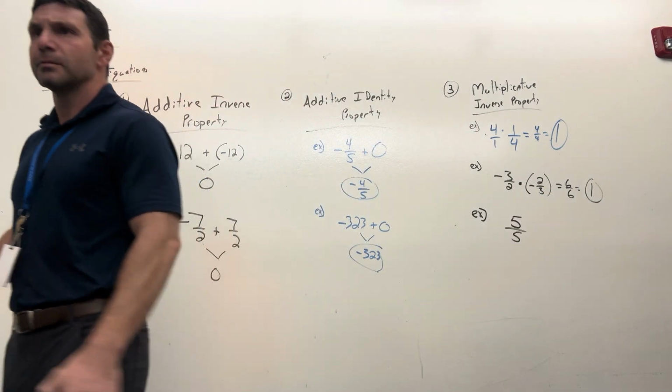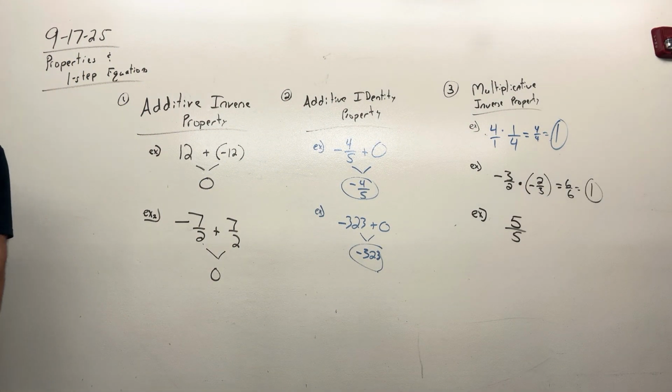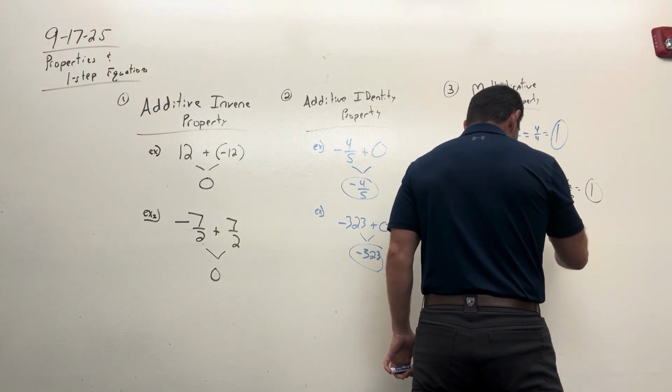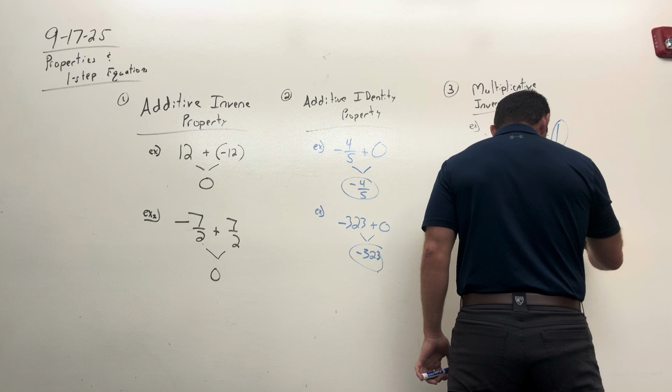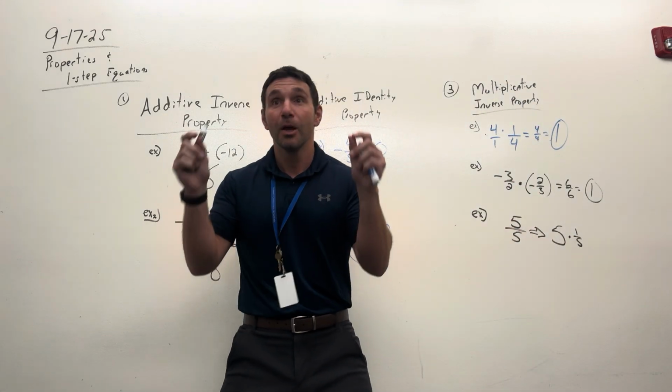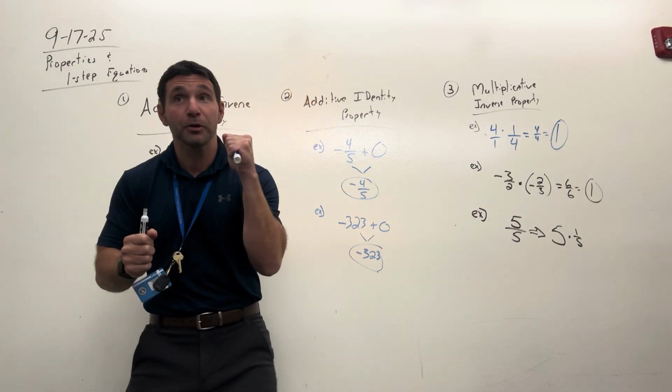Wait a minute. Mr. H, there is no division property. 5 divided by 5 is 1, which is really saying 5 multiplied by the reciprocal. Because remember, wait a minute, we did fractions. That was the very first thing that I did.